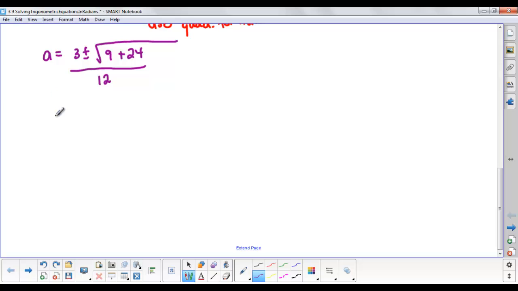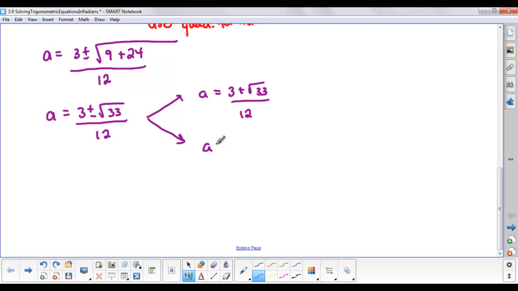If we simplify this a little bit more, we're left with 3 plus or minus the square root of 33 over 12. Now essentially this ends up being two possible answers. You get either a equaling 3 plus root 33 over 12, or 3 minus root 33 over 12.